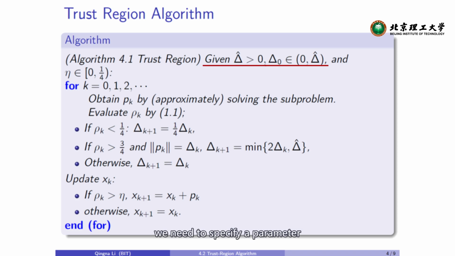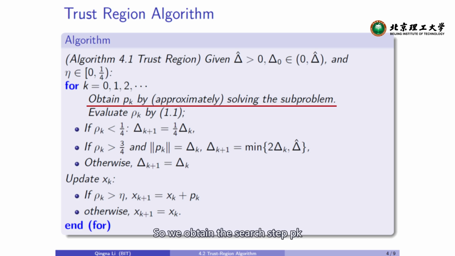After that, we specify a parameter eta between 0 and a quarter. Then our algorithm starts. We obtain the search step p_k by approximately solving the subproblem.